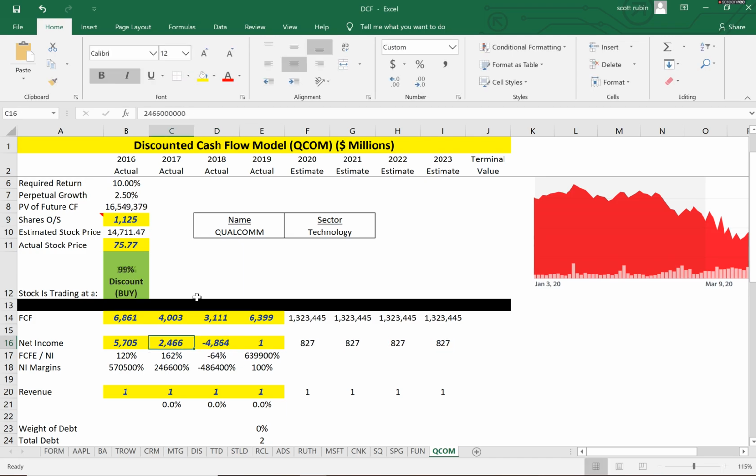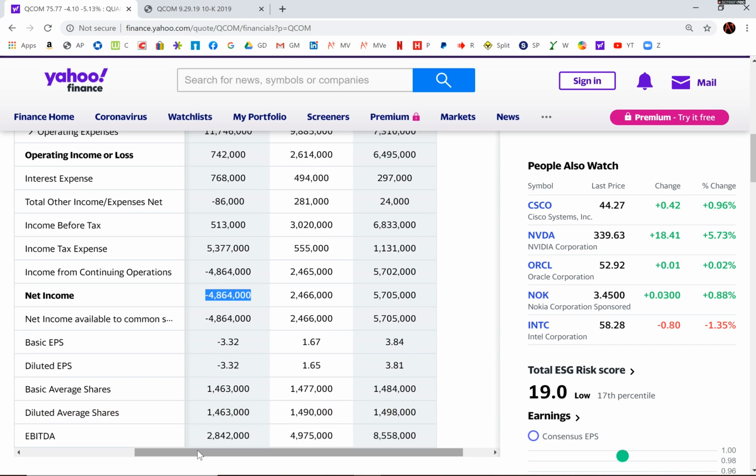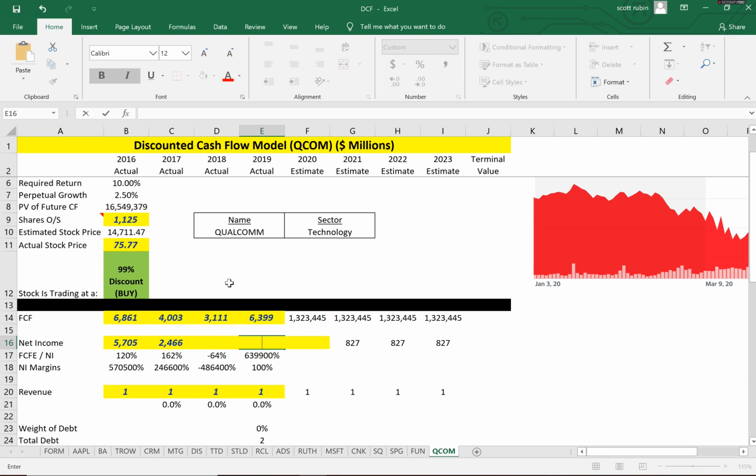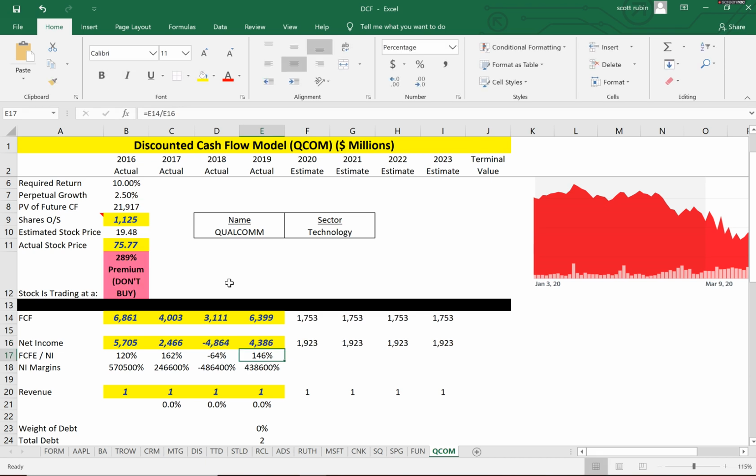And if you want to know why, you can obviously look at their financials, either here or on the 10K, to identify why they took a loss. Sometimes it's not a real loss. It could be an accounting thing. So you have to look into that, because you can see they had positive free cash flow, even though they had a $5 billion loss.